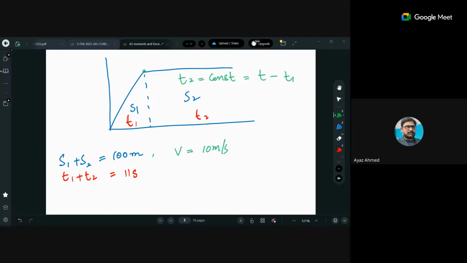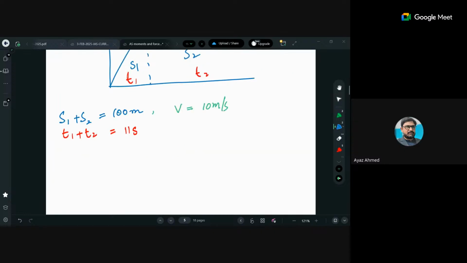So if we just continue to solve, S1 plus S2 is equal to 100. And if I use 2as equals v square minus u square, so 2 into acceleration, which is unknown, and distance 1, which is also unknown, is equal to 10 square minus 0.